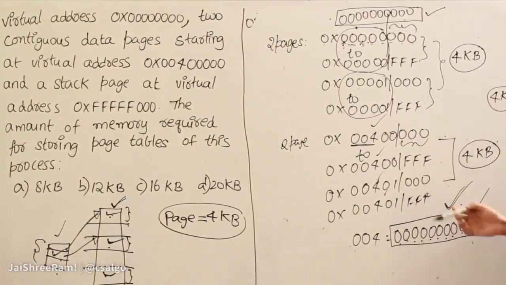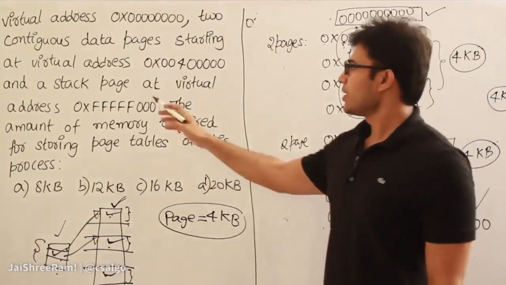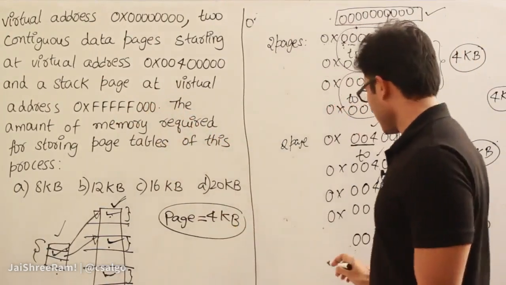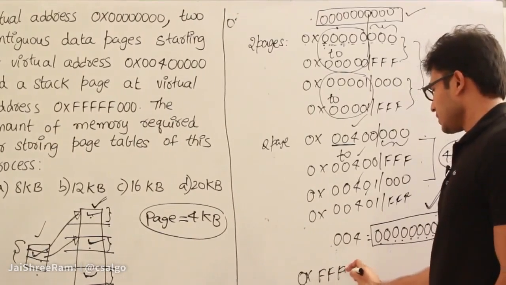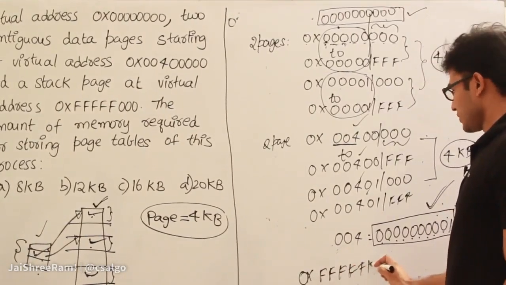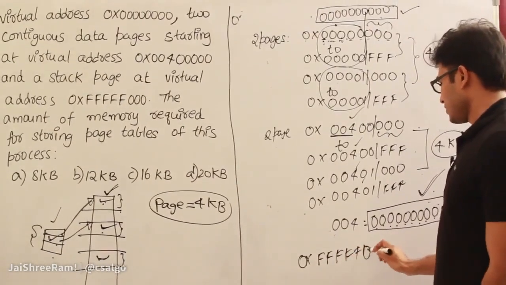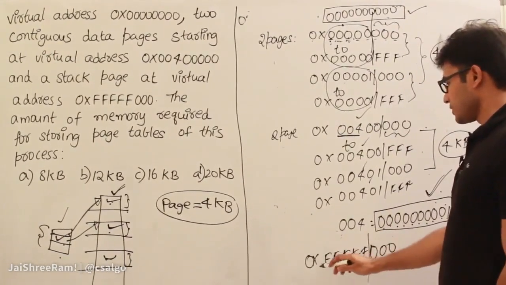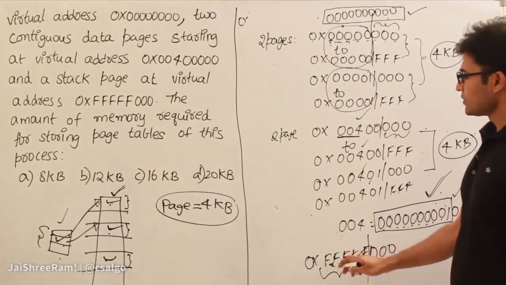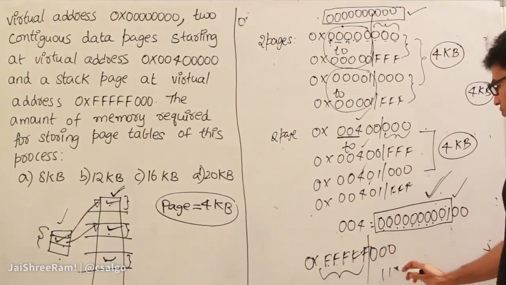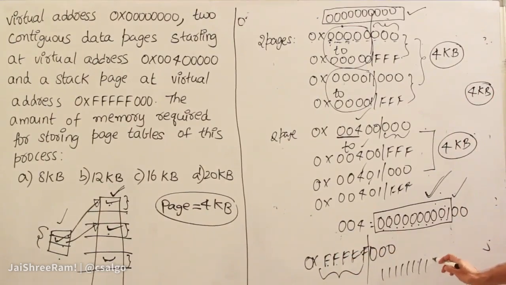And along with that we have one more reference. See, we have one more page which is starting at 0x12345123. This is the page number, right? Now if you look at this page, the most significant 10 bits are all ones, 1 2 3 4 5 6 7 8 9 10.